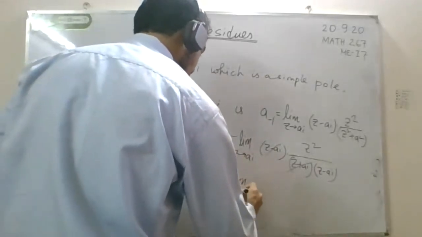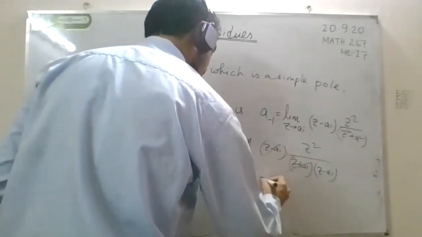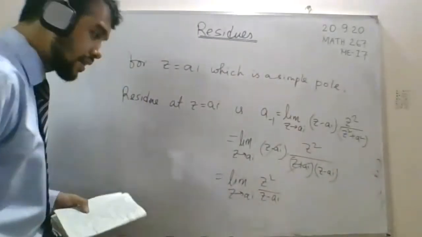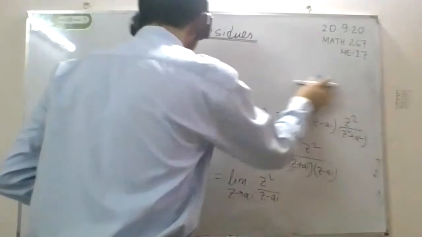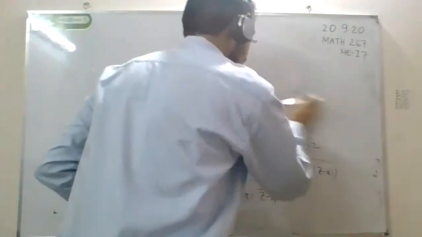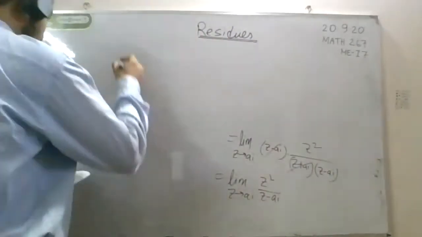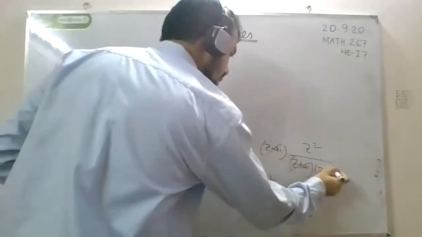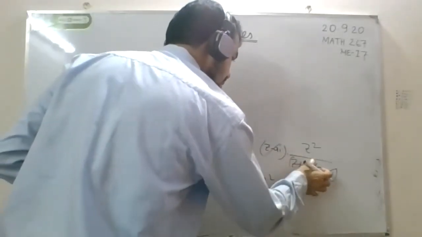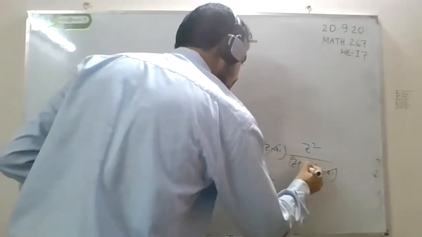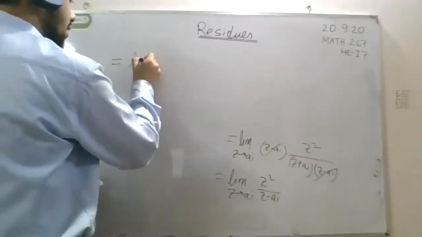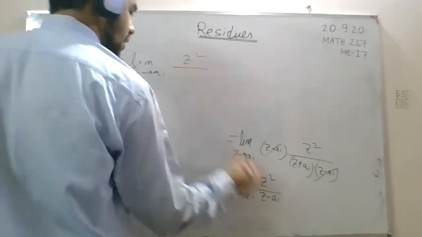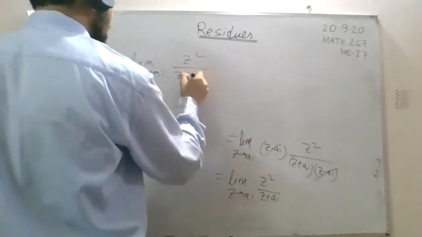Now you can say the limit as z tends to ai of z square divided by (z plus ai).